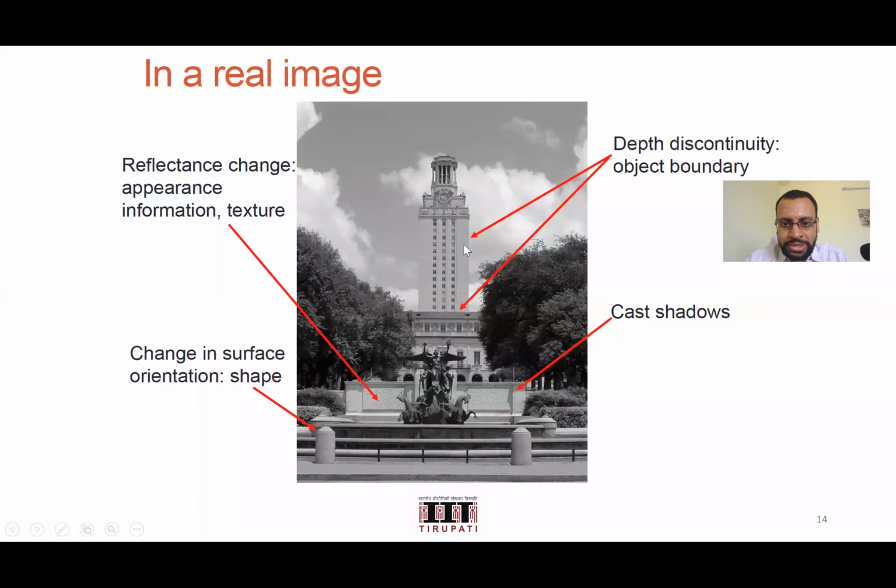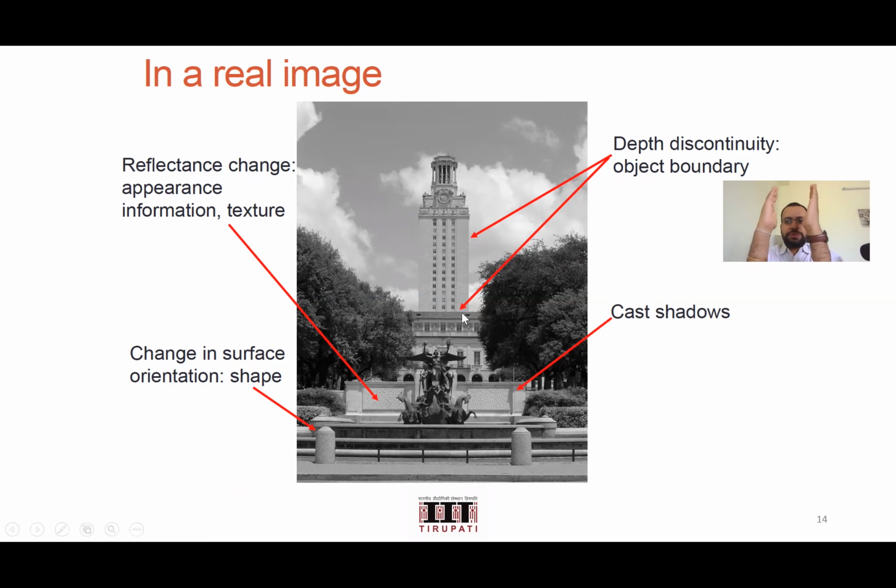And similarly, you see an edge here. Why are we seeing that edge? See, the background intensity is almost the same, except that few changes are there. But still you see the edge here because after that you have the sky there. Okay, there is a depth discontinuity coming.